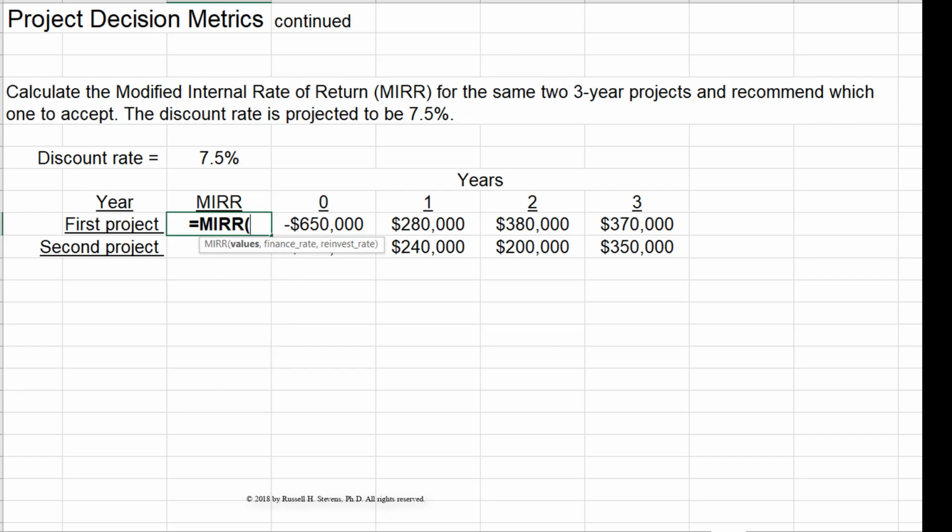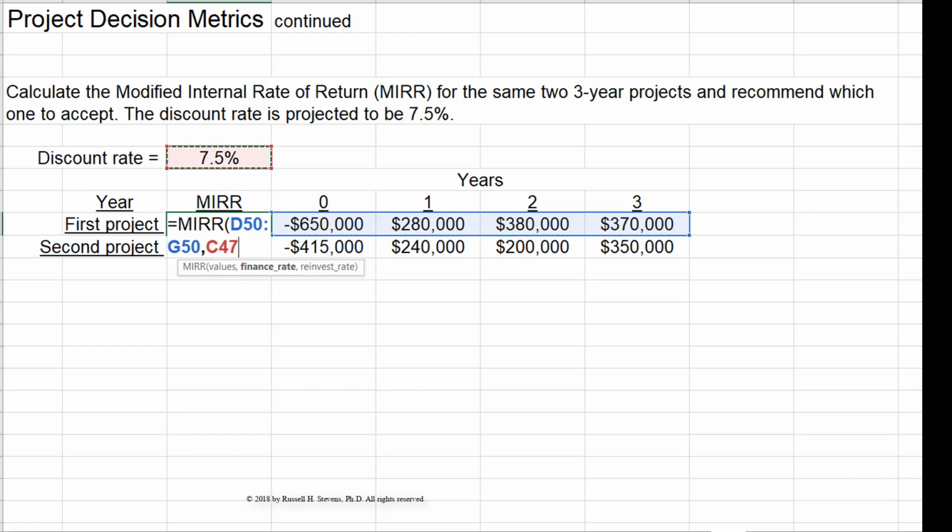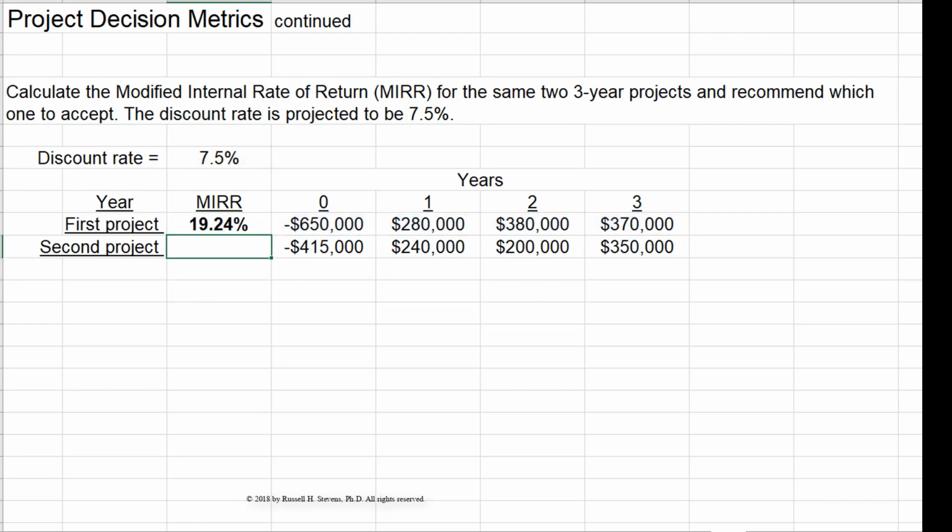Highlight the workbook cells to the right from the minus $650,000 to the $370,000. Enter a comma, highlight the 7.5%, enter a comma, again highlight the 7.5%, enter a close parenthesis, and press enter. The modified internal rate of return for the first project is 19.24%.